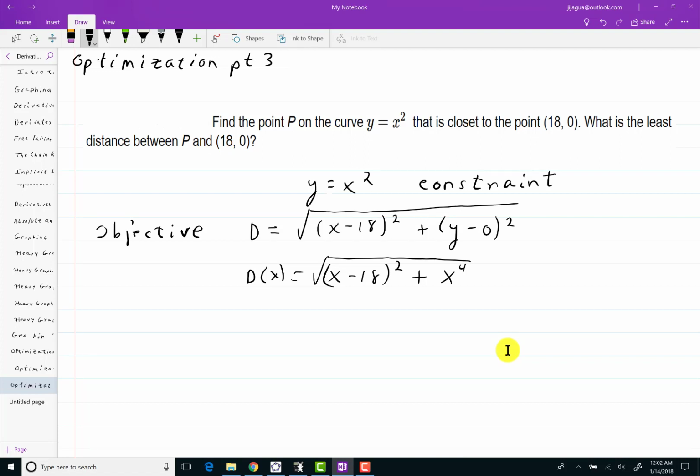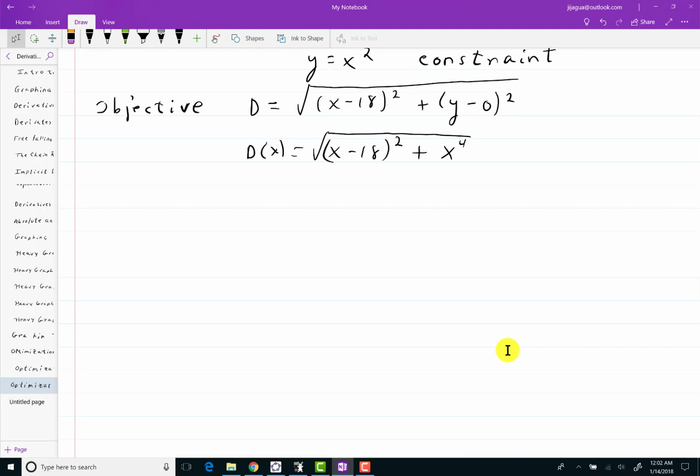Now, there's a bit of controversy in this next step. I remember when I first saw this, I couldn't believe you were allowed to do something like this, but I'll sort of explain something here. Let me call it a note. If you're looking for the smallest or biggest of something, you're usually looking at things less than or greater than, things of that nature.